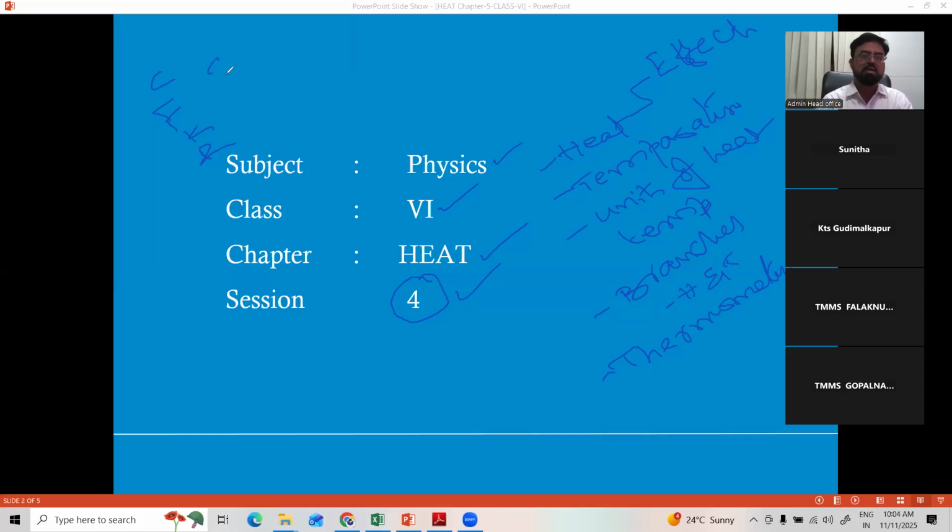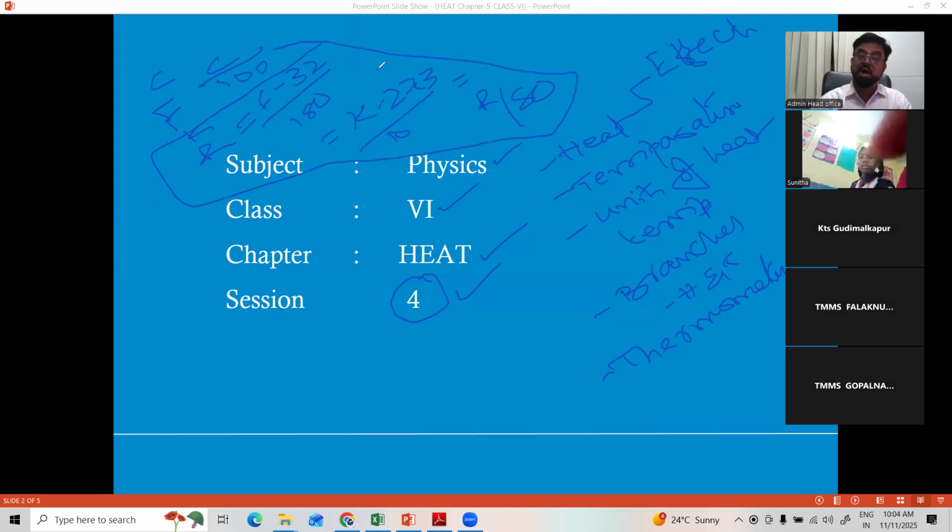We have the formula C by 100 is equal to F minus 32 by 180 is equal to K minus 273 by 100 is equal to R by 80. This is the relationship for converting one scale of thermometer into another. That's up to where we discussed in the last class.